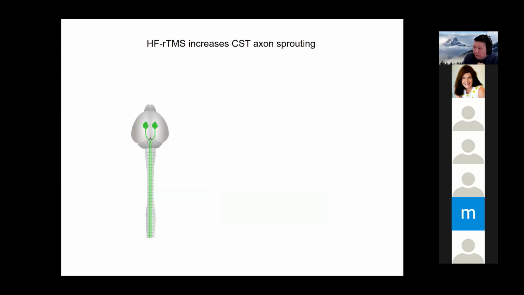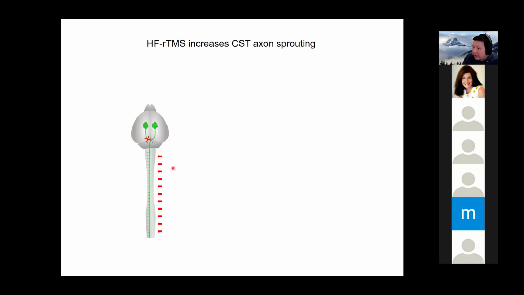Moreover, we find that high-frequency rTMS powerfully increases axon sprouting from the intact neurons. So most spinal cord injuries are incomplete, which means that not all axons at the injured site are damaged.